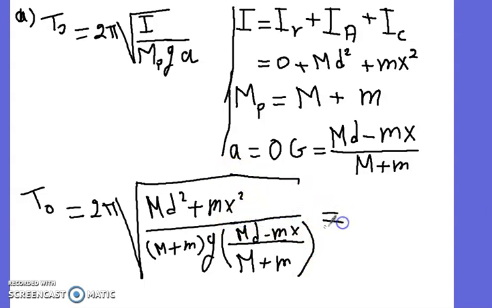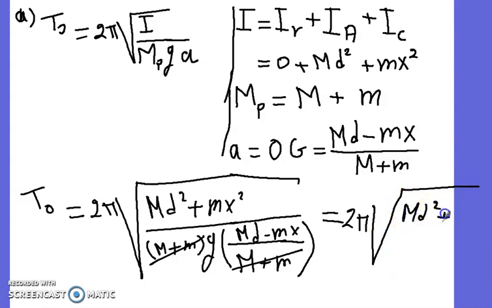Now we simplify this expression. We may cancel m plus m with m plus m. We get 2 pi square root of m d squared plus m x squared over g into m d minus m x. This is the expression for our compound pendulum.